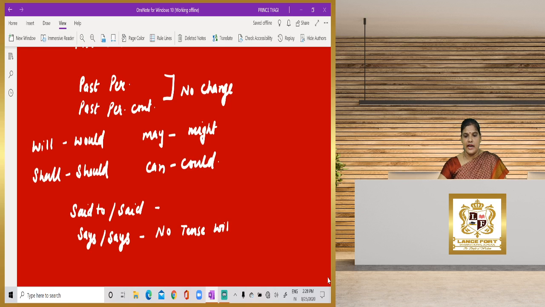Yes, it is very important. Your tenses will be changed in one condition only, if your reported verb is said or said to. If your reported verb is says or says to, in that condition your tenses will not change. Clear everyone?